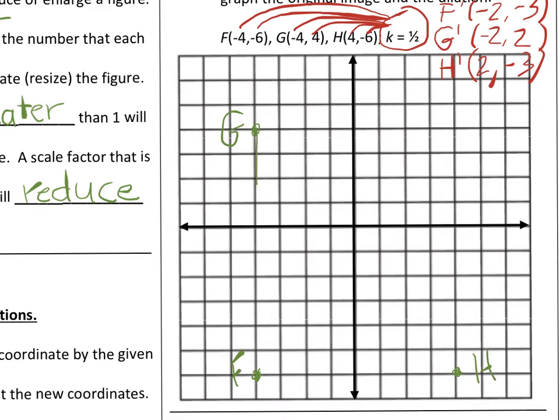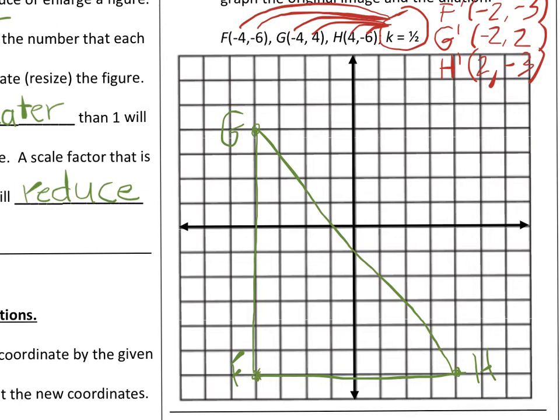So let's connect our points and make our triangle. Since it has 3 vertices, it'll be a triangle. Now I'm going to graph the dilated figure. And since I multiplied by a scale factor of 1/2, this new figure will be smaller than the original figure. So let's graph -2, -3 for F prime.